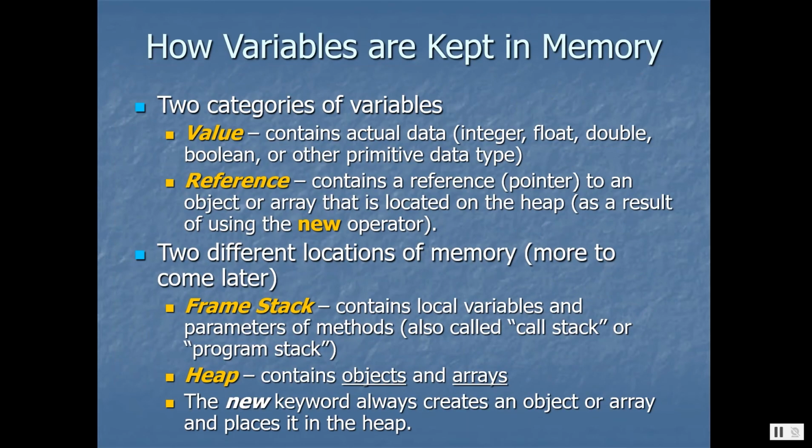So this is something that we have to distinguish in Java, this notion of value versus reference variables. In the old days of computing, almost everything was a value variable. And with Python, there is no such thing as a value variable. Everything is a reference. But in Java, it's a mix of the two. So a value contains data.